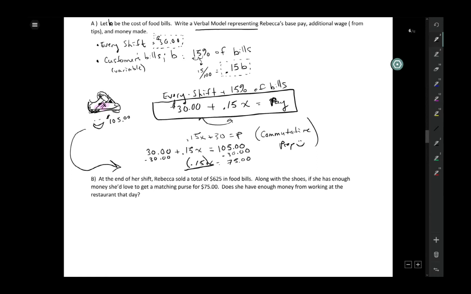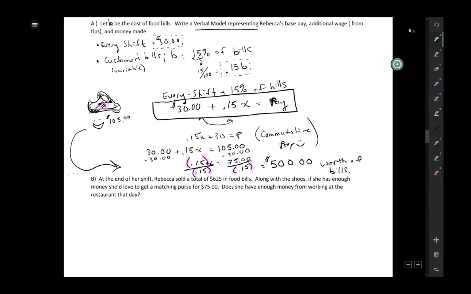You can just type that right into your calculator. 75 divided by 0.15. Again, use parentheses. Highly recommend the use of parentheses. And what you should get out is she needs to sell $500 worth of food bills. Okay, so $500 is what she knows she needs to make.